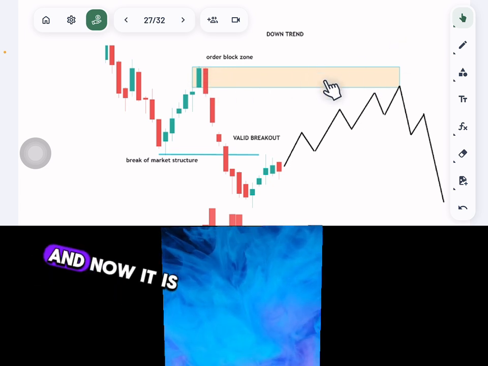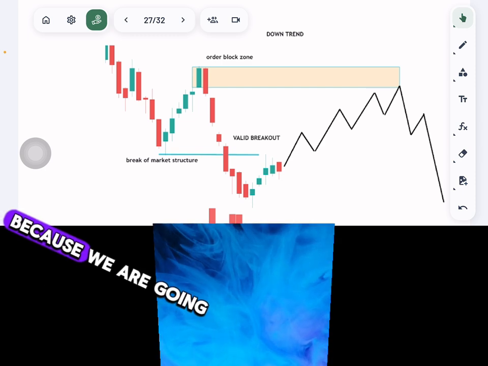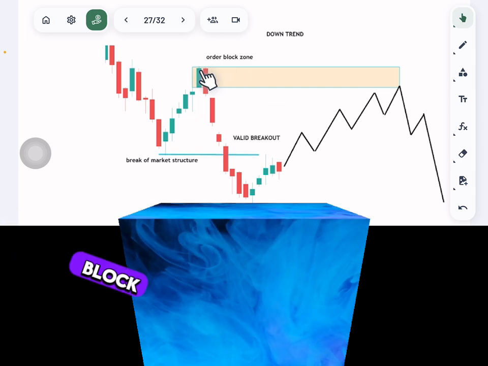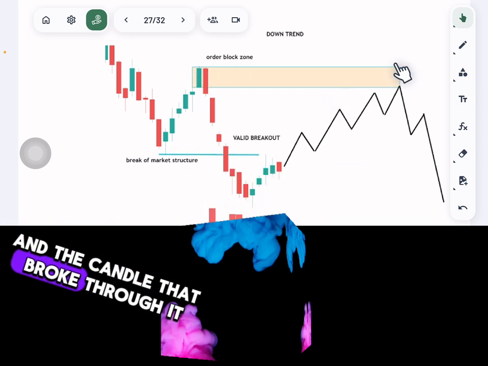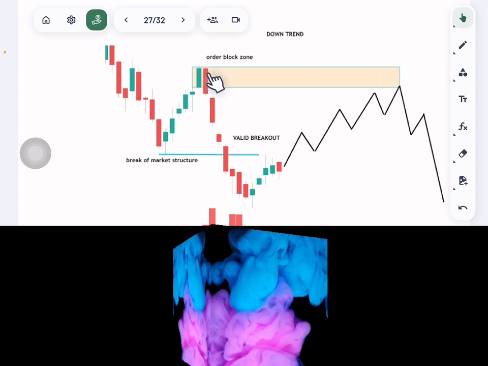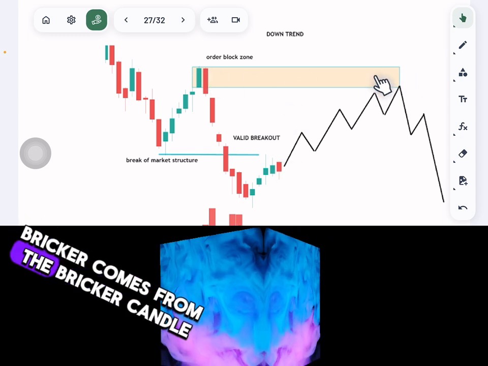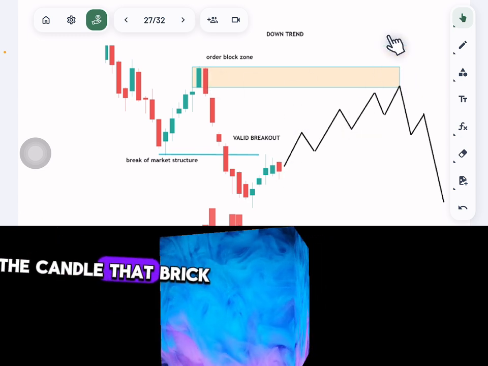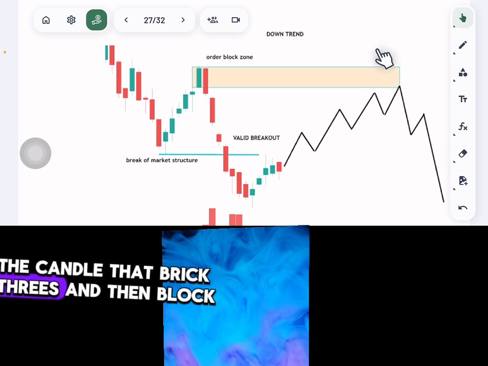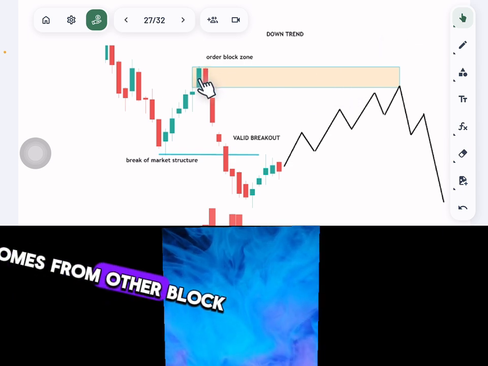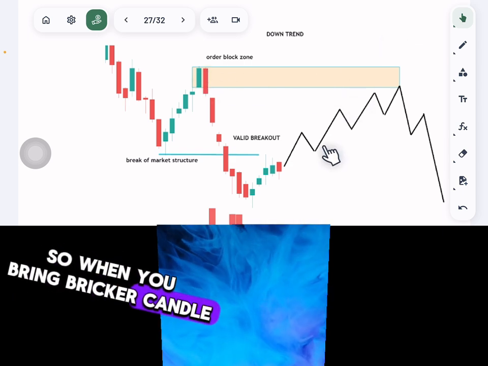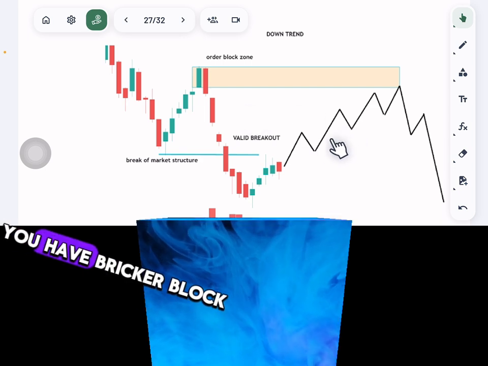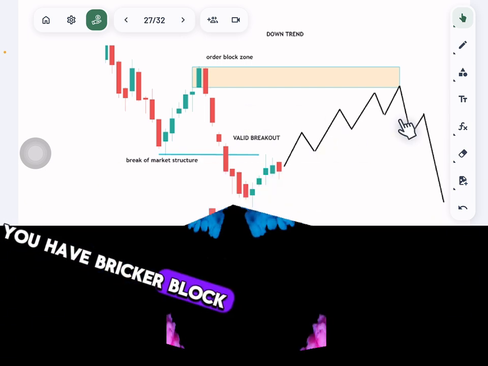In combination, we combine this order block and the candle that broke through it. Breaker comes from the breaker candle, the candle that broke through it, and block comes from order block. So when you bring breaker candle plus order block, you have breaker block. Is that clear?